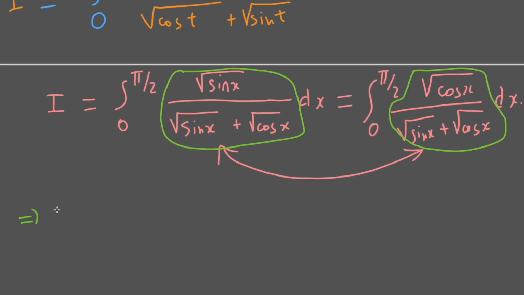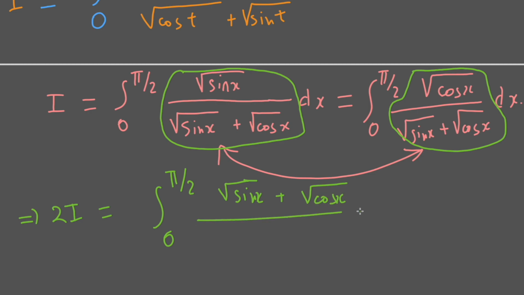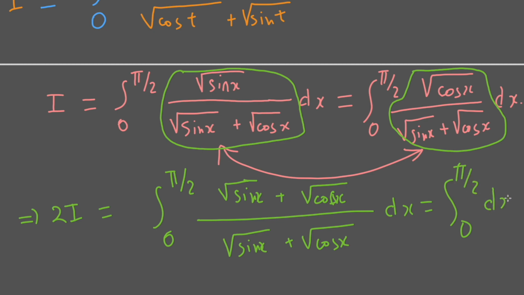So then we have 2I equal to the integral from 0 to pi over 2 of square root of sine x plus square root of cosine x over square root of sine x plus square root of cosine x dx, equal to the integral from 0 to pi over 2 of dx.